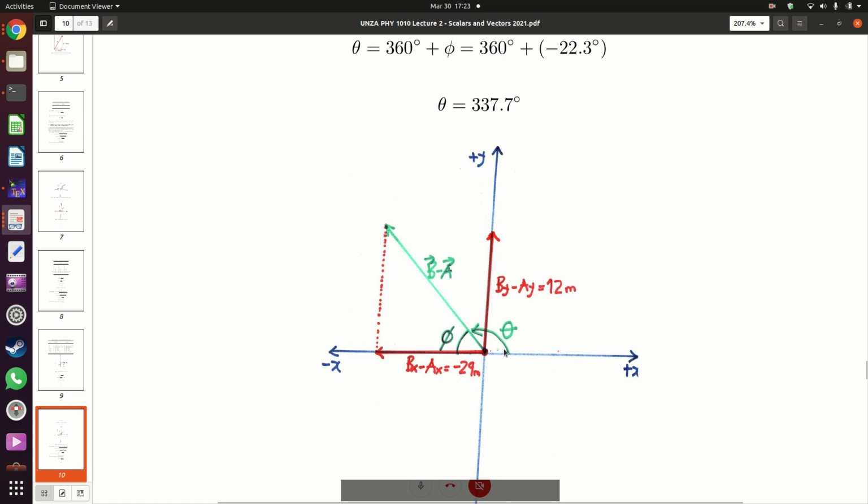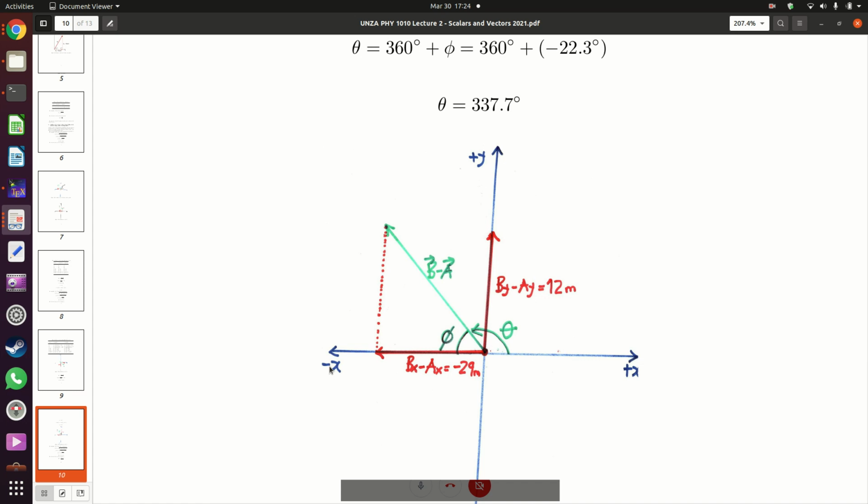What I'm trying to show here is that phi and theta are related. Phi plus theta gives you 180 degrees if our angles did not have directions.